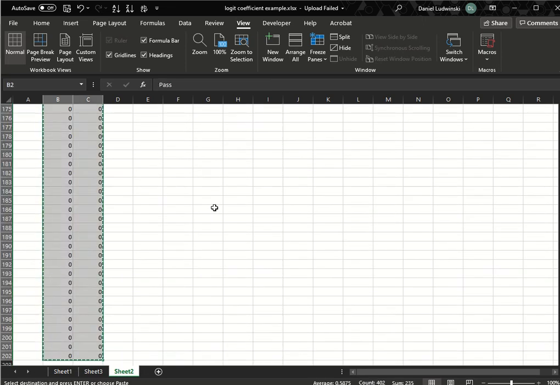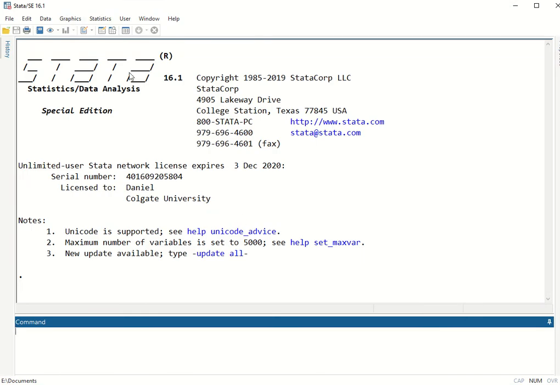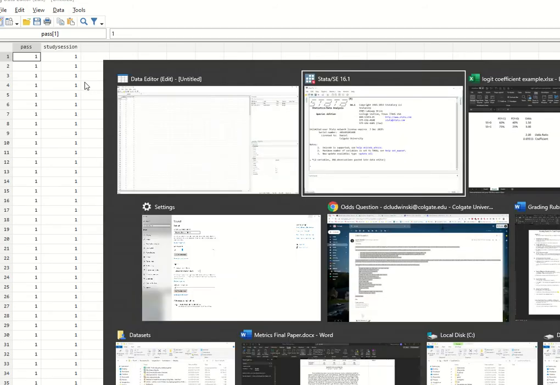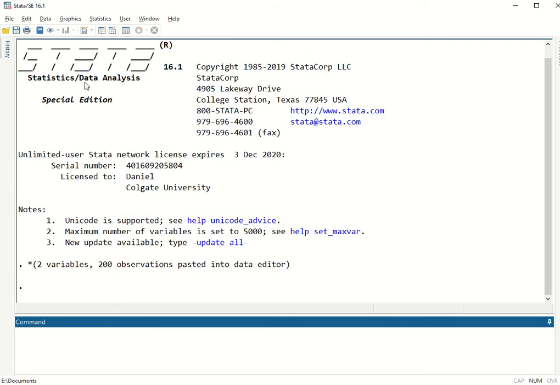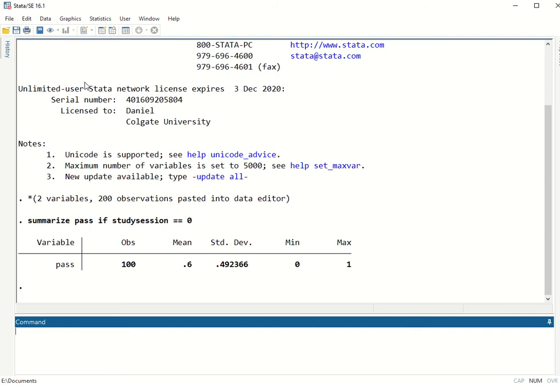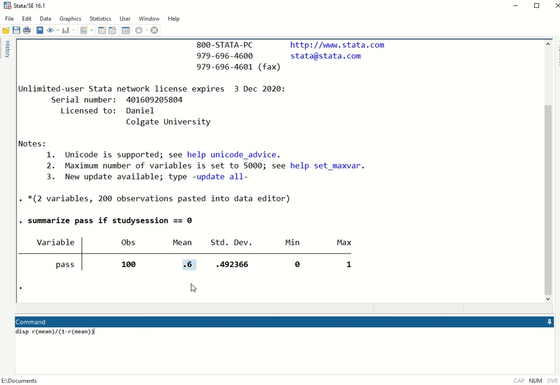Now, this just reflects what I've written here, and I'll rerun everything that we just did in Stata. Just to show you what we have: if you don't go to the study session, 60% pass.